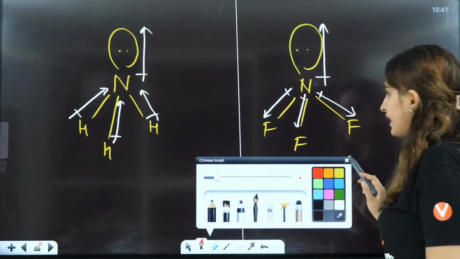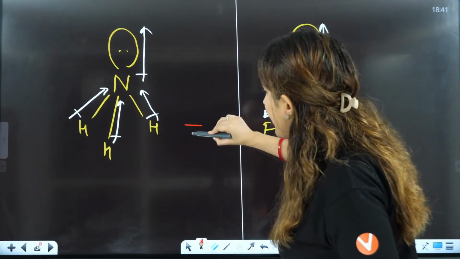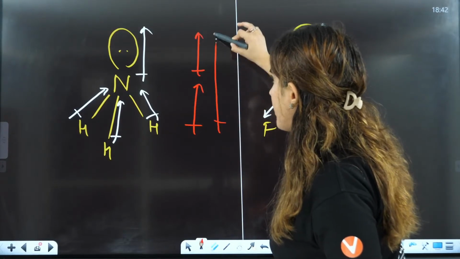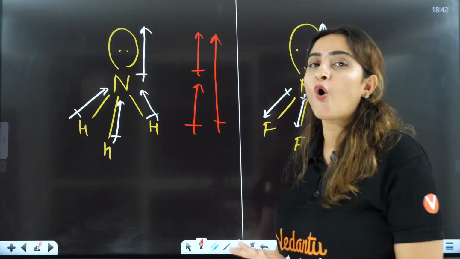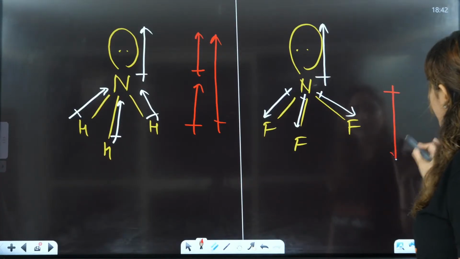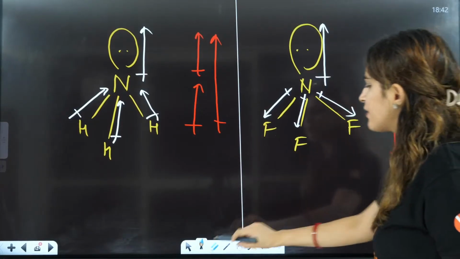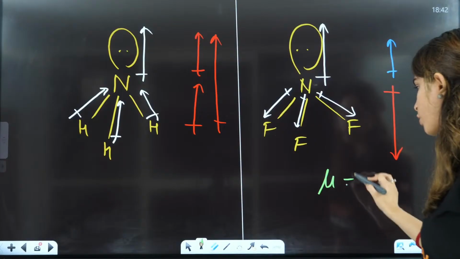Can you see here nothing is getting cancelled? Here all of them are getting added up. This is forming one resultant, this is another, and this is forming one big dipole here. So mu is definitely not getting cancelled. Here this will have a resultant, let's say this one. This will have, let's say, this much. They will cancel, but it will also not be equal to 0. So this mu is not equal to 0.